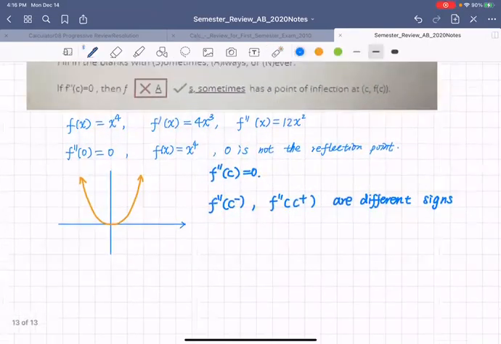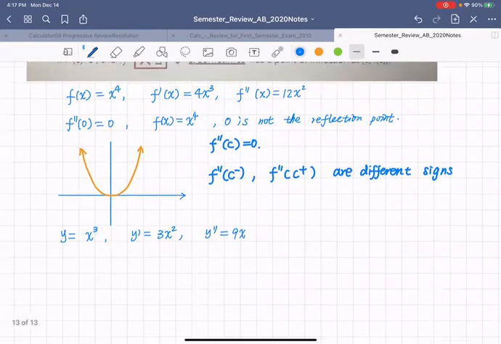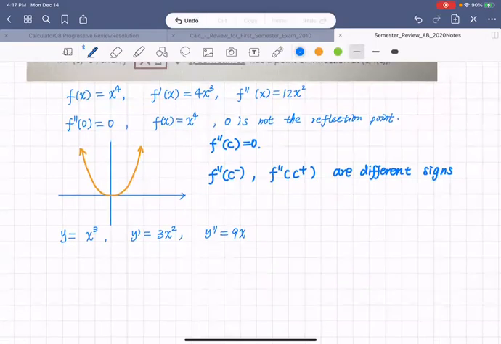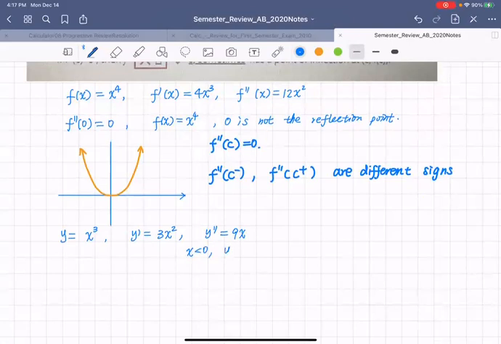For example, y equals x cubed, you know? Y prime is 3x squared. Y second prime is 6x. Yes? At 0, if x is less than 0, this is less than 0.